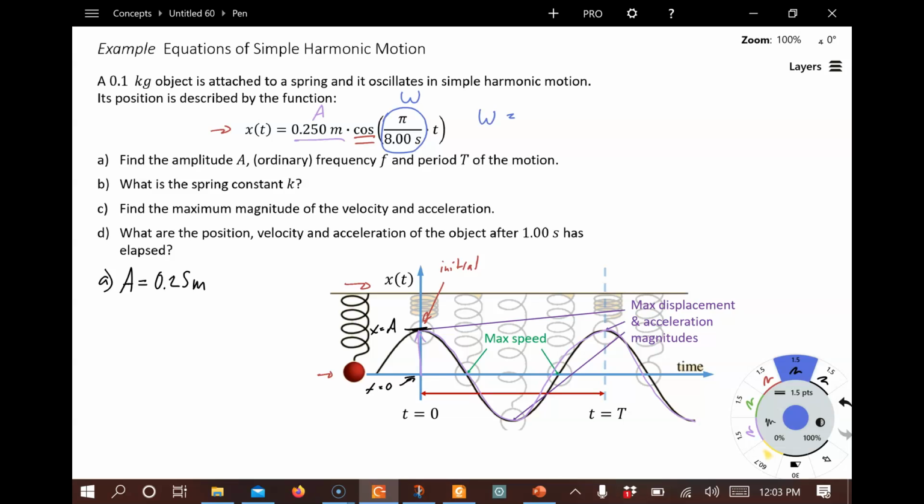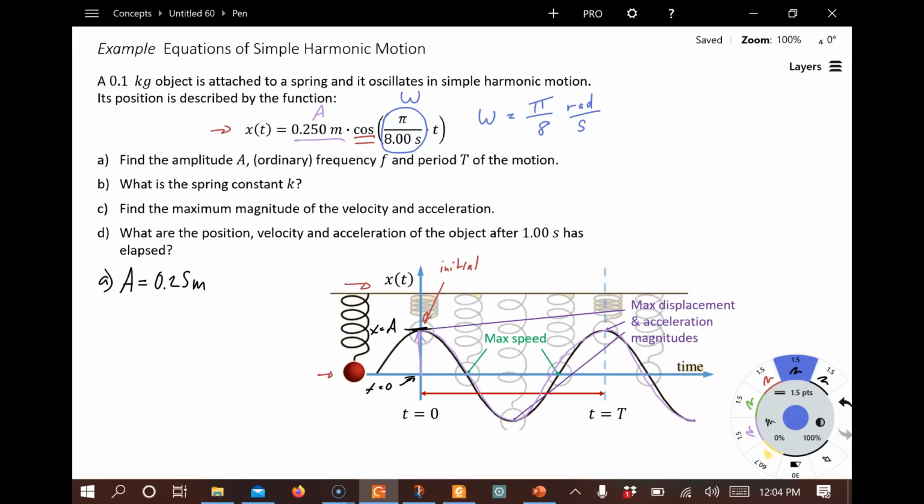Omega is equal to pi over 8, in units of 1 divided by seconds. In reality, we typically write that as radians per second, because omega is in radians per second.